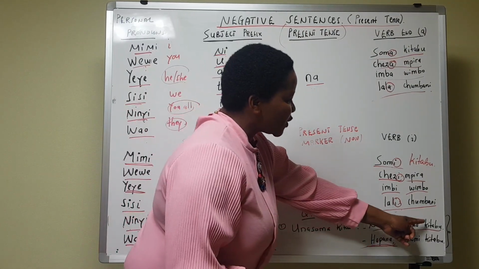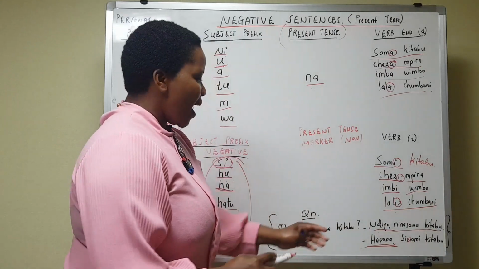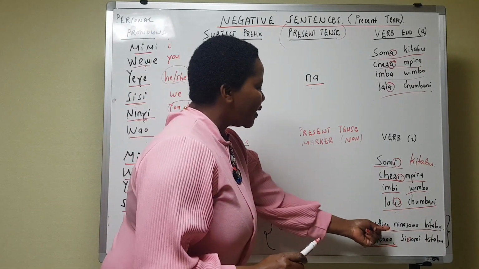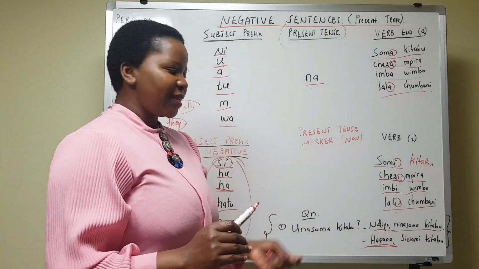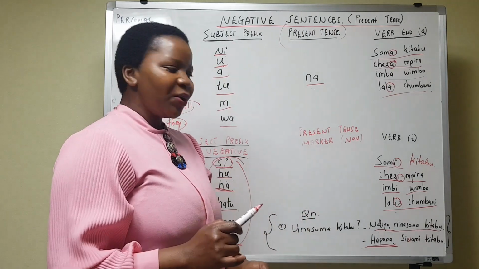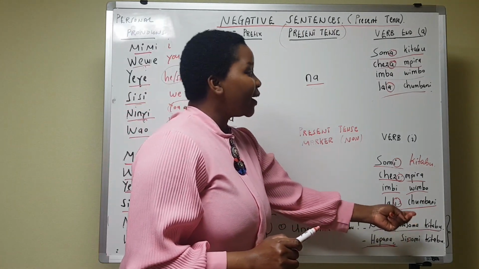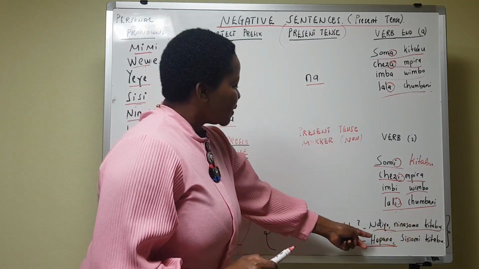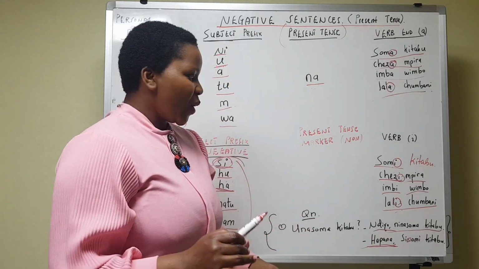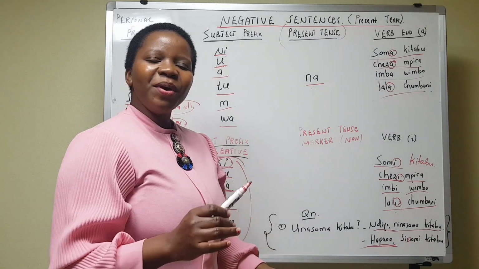Ndiyo, ninasoma kitabu. Hapana, sisomi kitabu. So, ndiyo means yes. Yes, I'm reading a book. And hapana means no. No, I'm not reading a book.